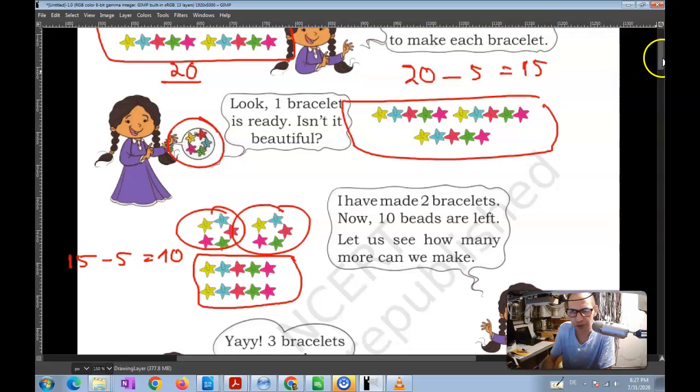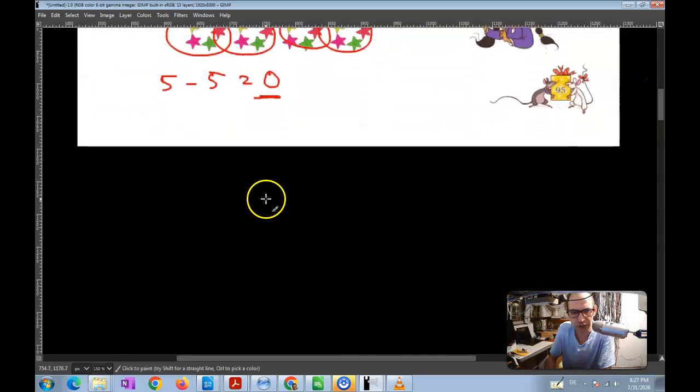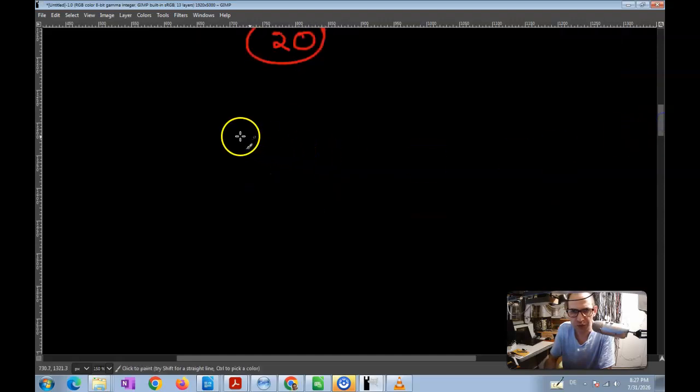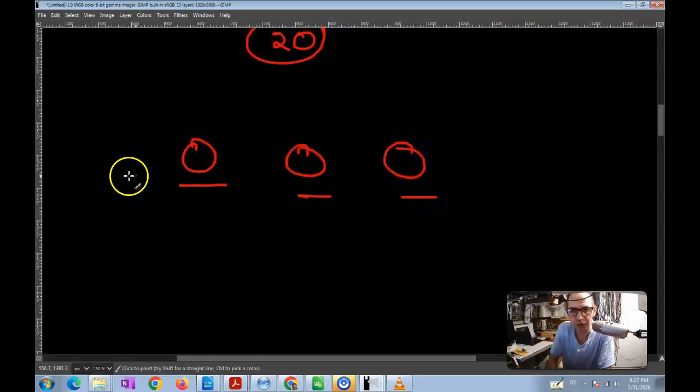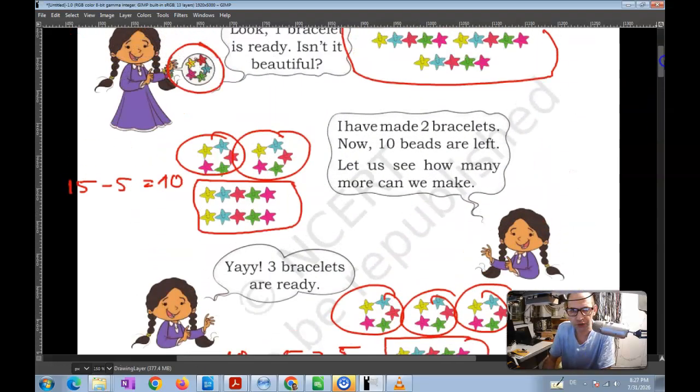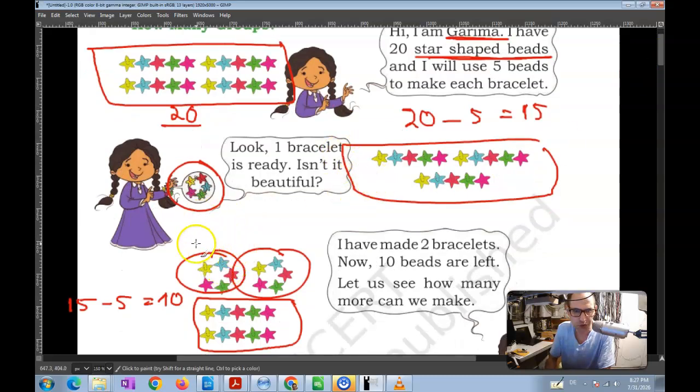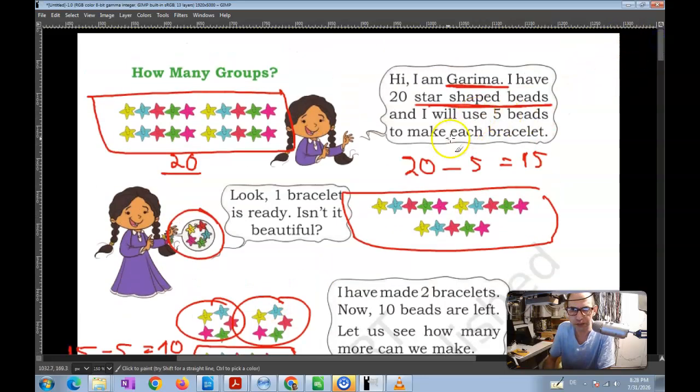In the previous example, we had some number of objects, for example 20, and we knew that we wanted to distribute them among 1, 2, and 3 groups, right? We knew the number of groups, but we didn't know how many objects each group was going to get. But over here we do not know the number of groups, but we know the number of objects that each group is going to get, because each bracelet needs 5 beads, right?